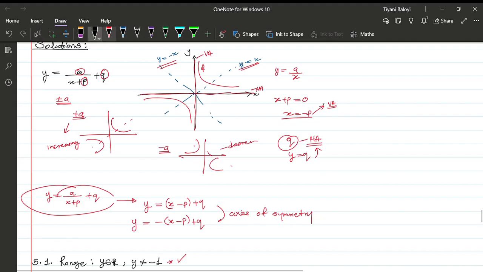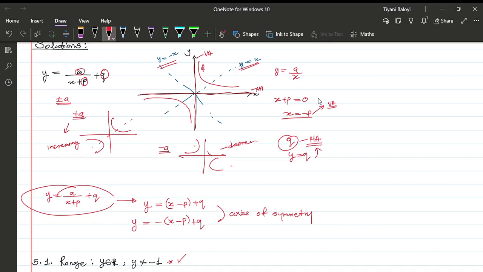So we found that x is equal to minus p. This will be 2, so minus p is equal to 2, which is your vertical asymptote. q is equal to minus 1, which is your horizontal asymptote, right?